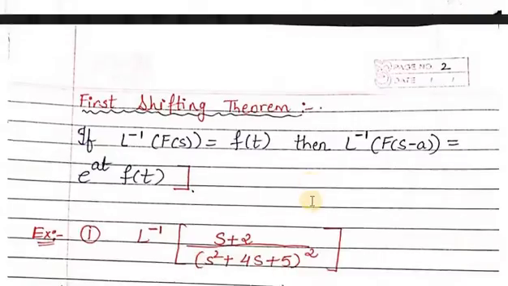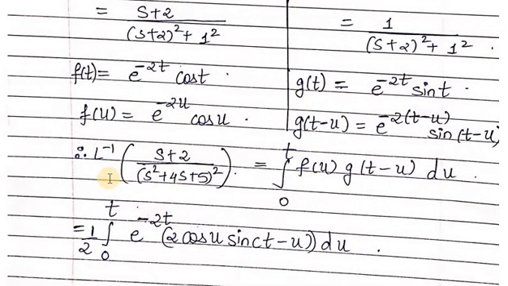Okay, so now F of s is s plus 2 over s square plus 4s plus 5, and G of s is 1 over s square plus 4s plus 5. So it will become L inverse of s plus 2 over (s square plus 4s plus 5) the whole square, and that equals integration from 0 to t f of u g of t minus u du.